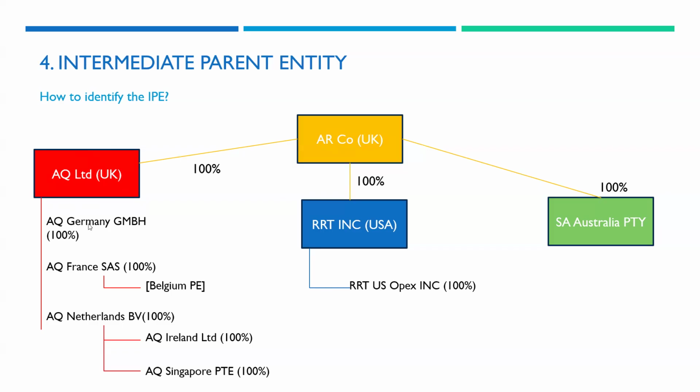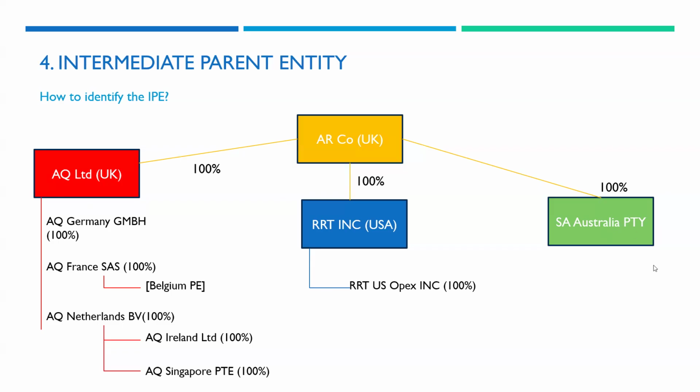But AQ holds controlling interest in AQ Germany GmbH, AQ France SAS, and also AQ Netherlands BV. Is RRT a UP? Yes, it is holding controlling interest in RRT US. Is this an IPE? No, because it does not have controlling interest in any other company.